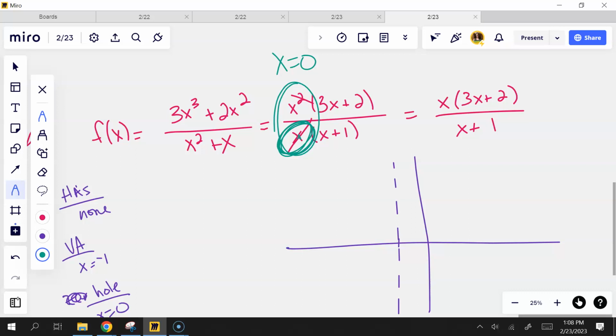Actually, let's just use x plus 1 on top. If you cancel out those, it's x plus 1 equals 0. So x equals -1 would be a hole. That's correct. No matter what, if you cancel something out, it's a hole. Yes.